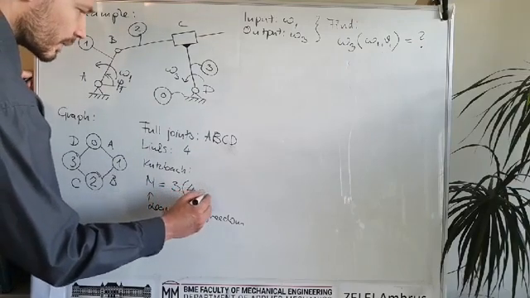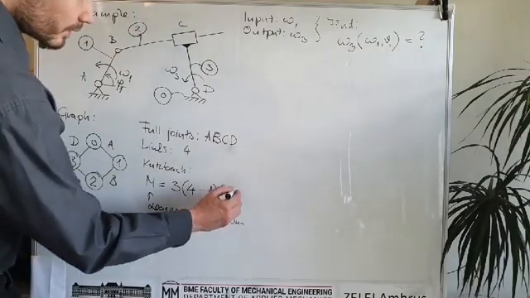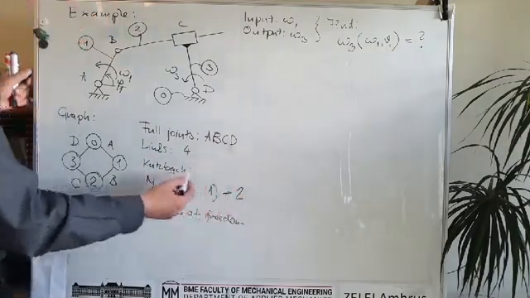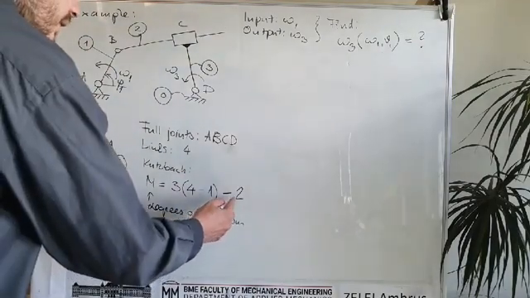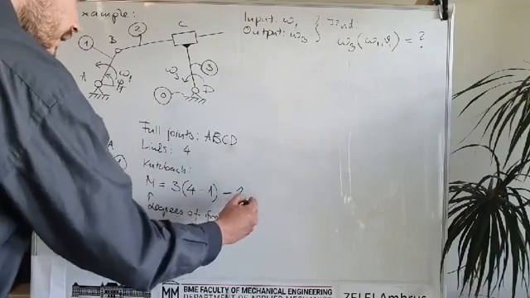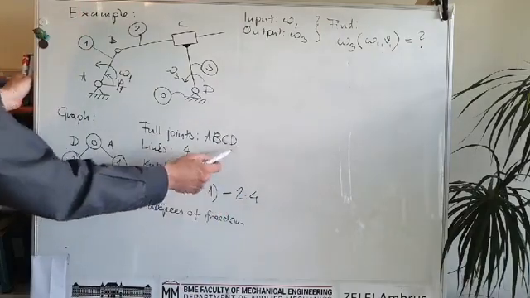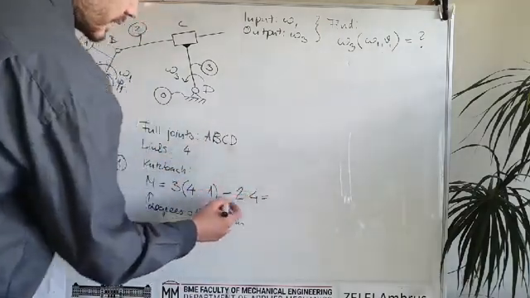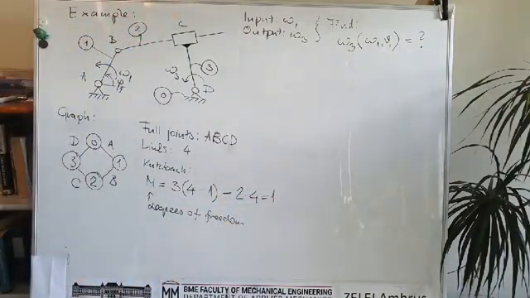So this is 4 minus 1, because 1 link is the ground, minus 2 times the number of joints, which is 4. We have the general formula, and now we substitute everything. So 2 times 4, and this is 9 minus 8, which is 1. So we have 1 degree of freedom.